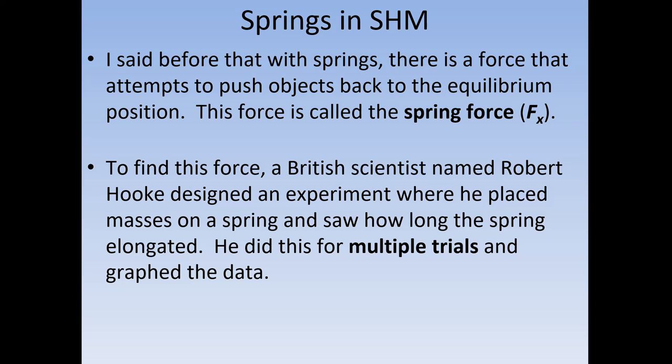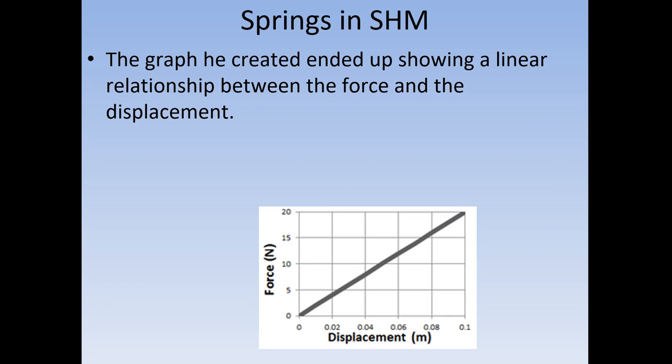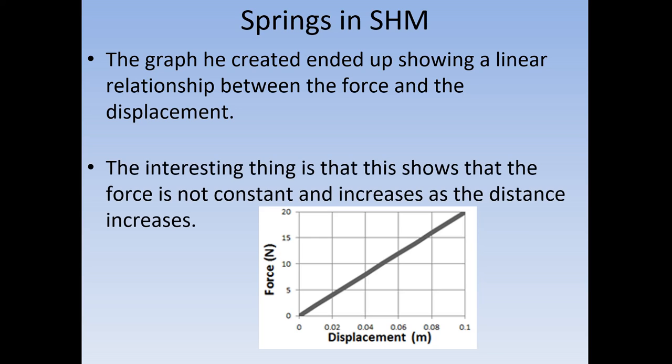He found that there is a linear relationship between the force exerted on the spring and how long the spring elongates. If you apply 5 newtons of force, it would elongate a certain distance. If you doubled the force, it would double the distance it elongates. He also found that it worked the same way for compression. So it didn't matter whether it was being elongated or compressed; the relationship between the force and displacement was the same.